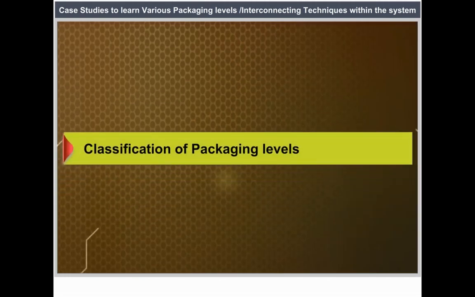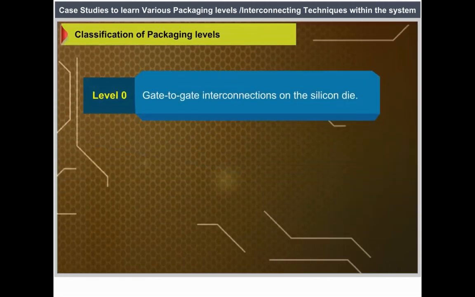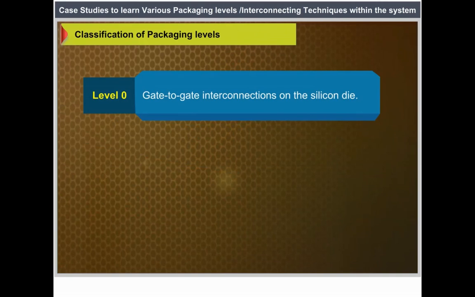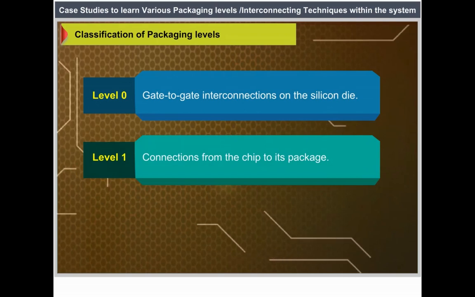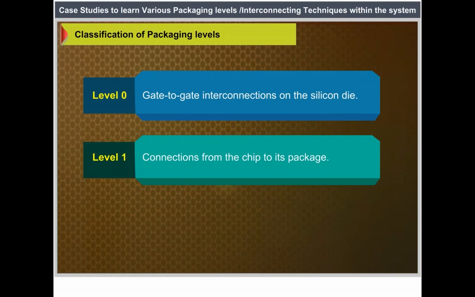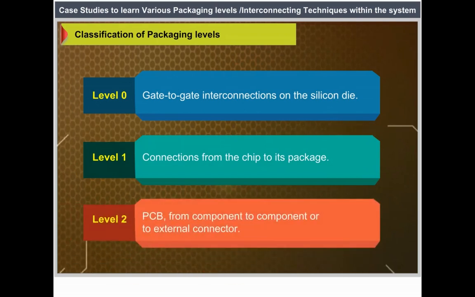Classification of packaging levels. Level 0, gate-to-gate interconnections on the silicon die. Level 1, connections from the chip to its package. Level 2, PCB from component to component or to an external connector.